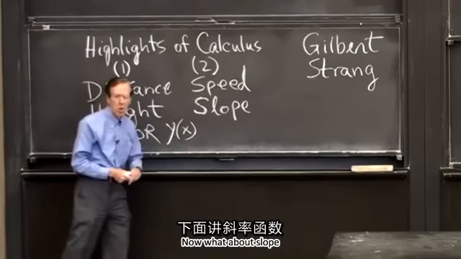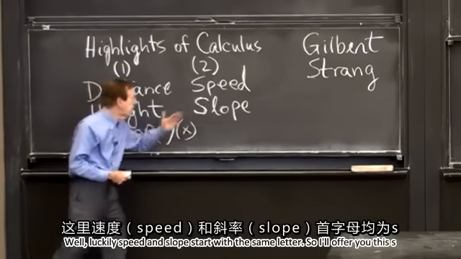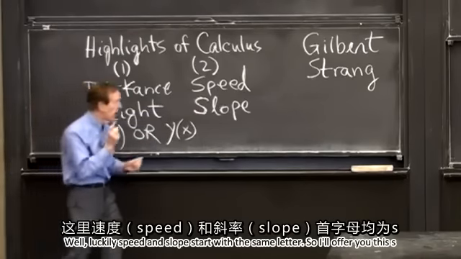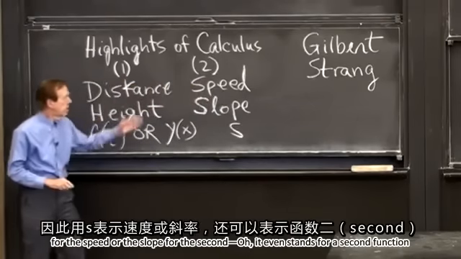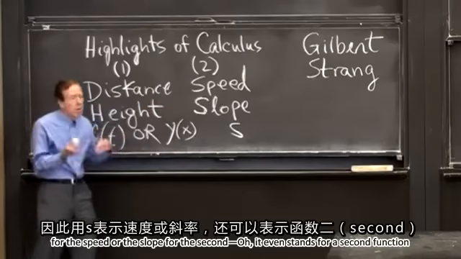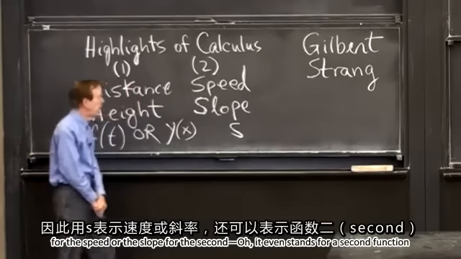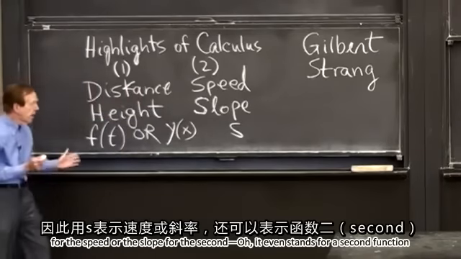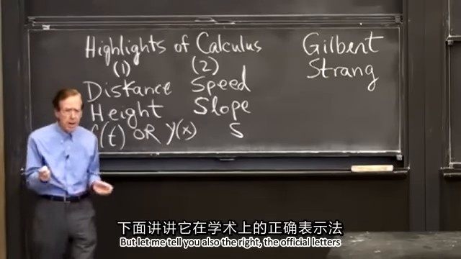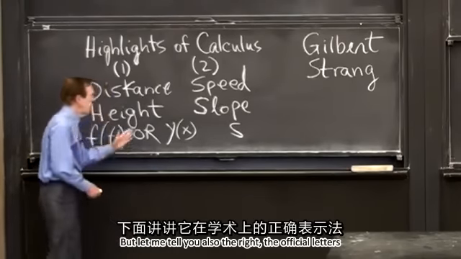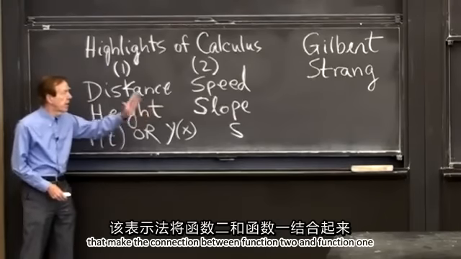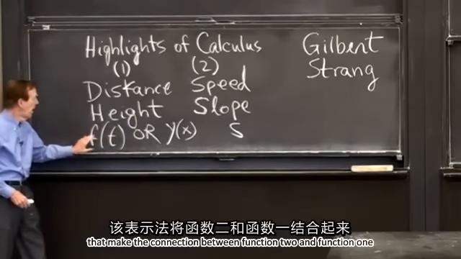Now, what about slope? Well, luckily, speed and slope start with the same letter, so I'll often use S for the speed or the slope. For the second, it even stands for a second function. But let me tell you also the official letters that make the connection between function 2 and function 1.